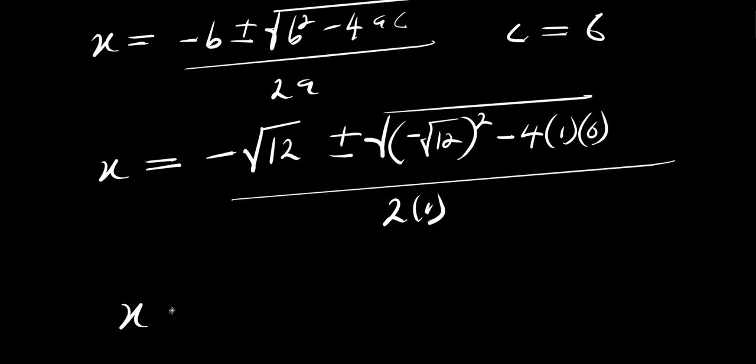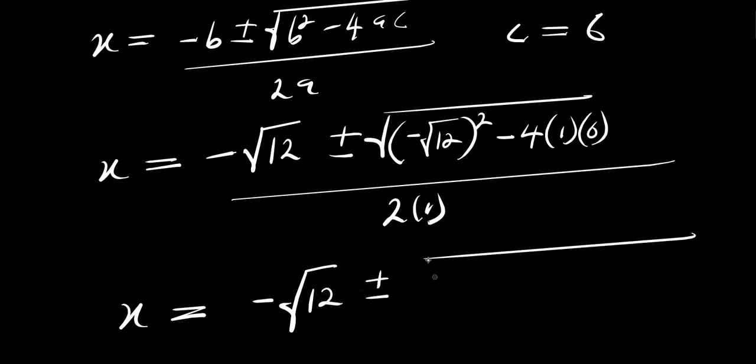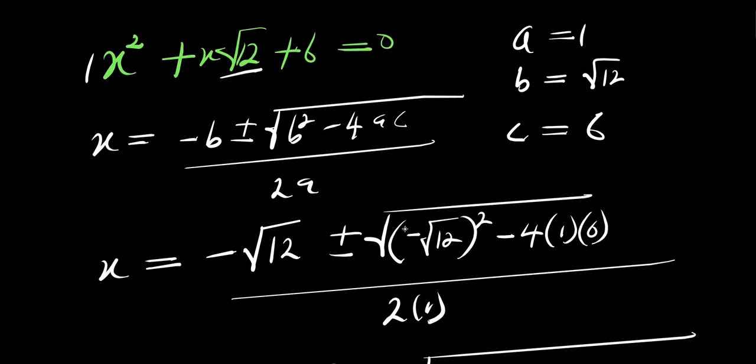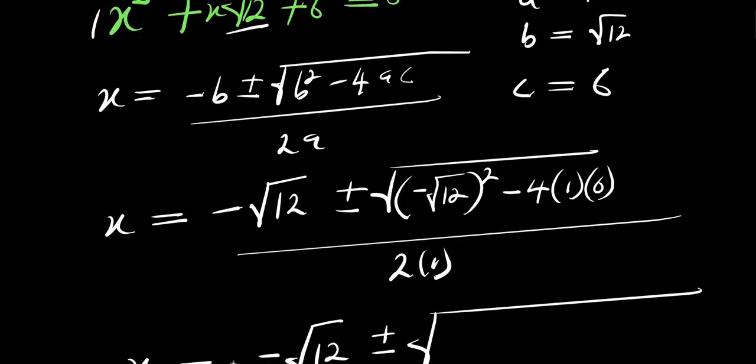So from here, we have x equals negative root 12 plus or minus square root of. Is it negative or positive? That's positive root 12. Our b is positive root 12. So that means there is no minus here, but it doesn't really change what we're supposed to get. So this is plus, not negative.